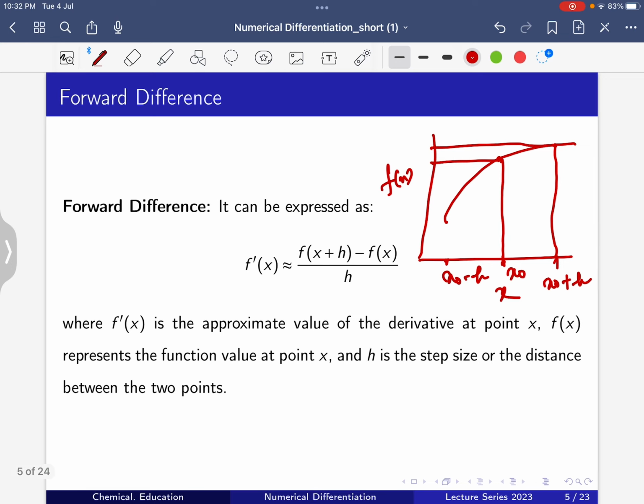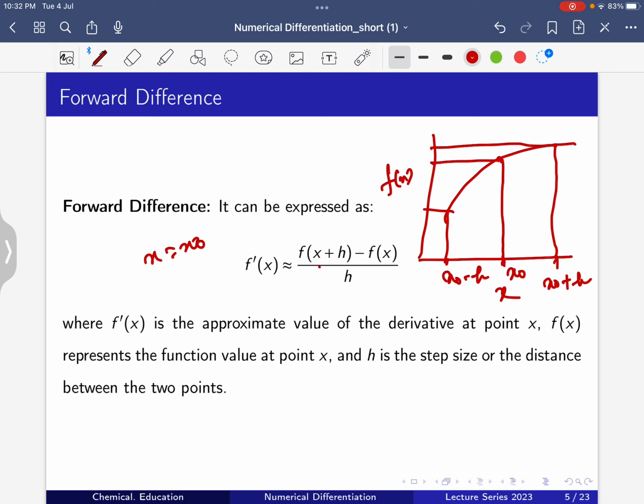Now again, if you go to that function, you will get another function value. So according to forward difference, f'(x) is equal to f(x plus h) minus f(x), divided by h. If you take x equal to x0, that means f(x0 plus h) minus f(x0), divided by h.